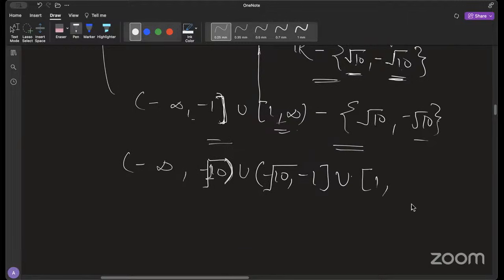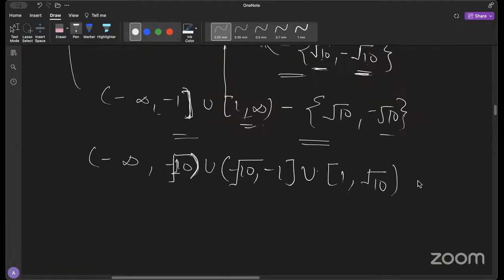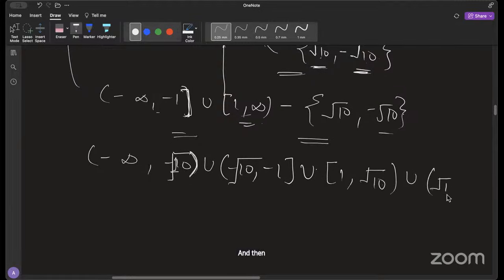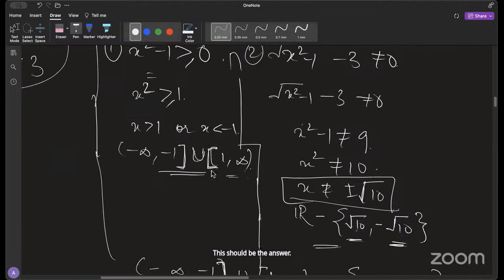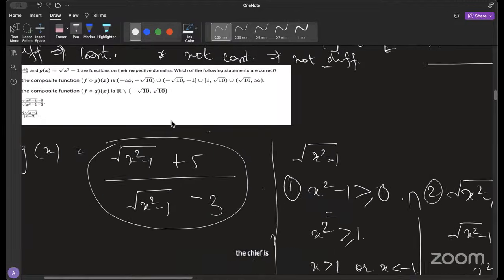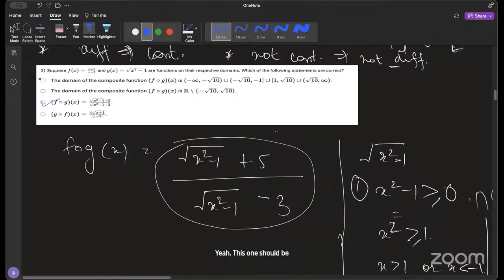It's 1 to root 10, and then root 10 to infinity. This should be the answer. Let's see if that's the given answer. Yeah. This one should be correct.